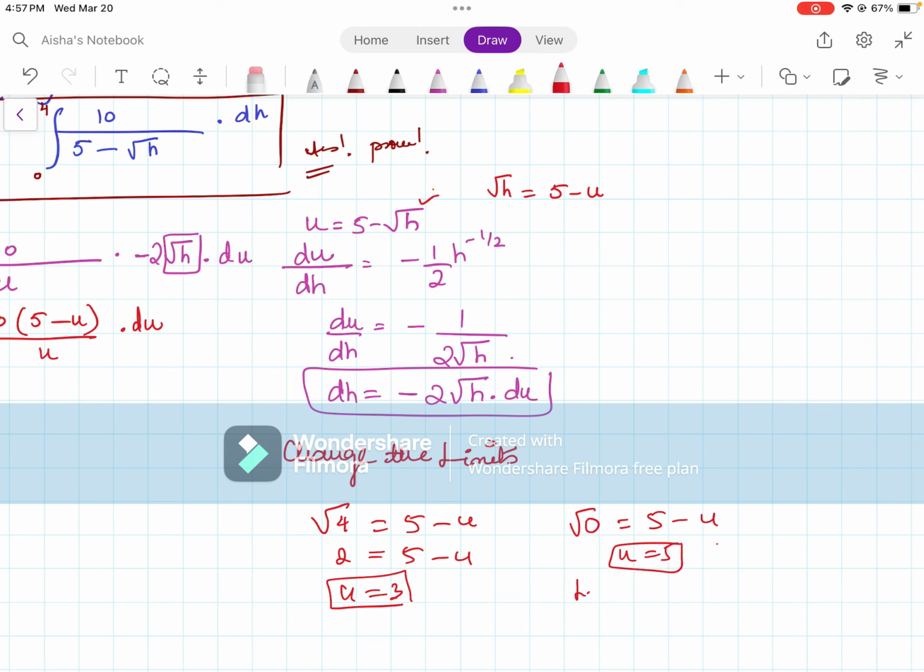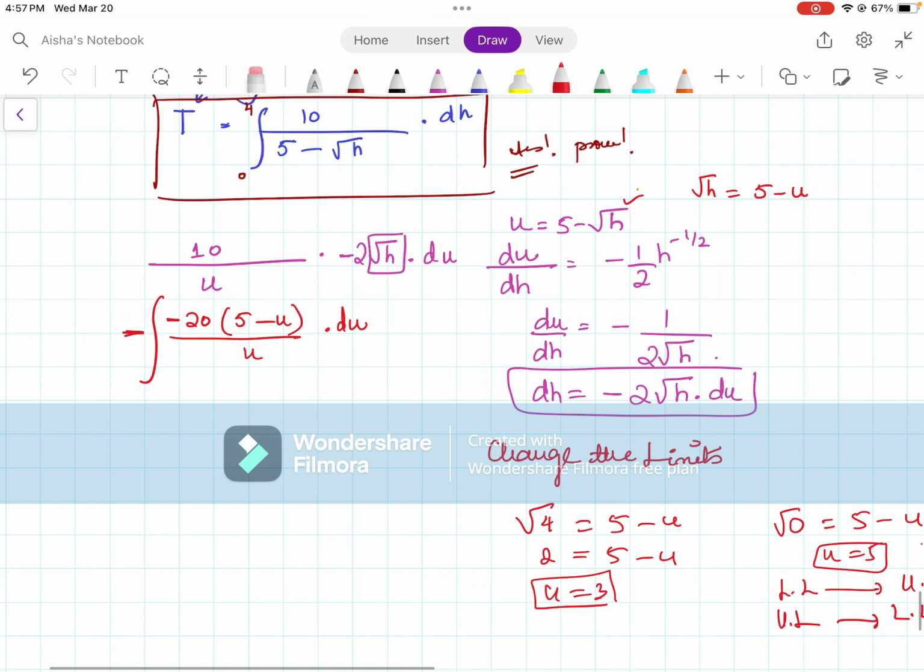The lower limit gives the upper limit, and the upper limit gives the lower limit. Multiply the entire function by minus 5, meaning when you multiply this by minus, it will become 20. And the limits are going to be 3 and 5.